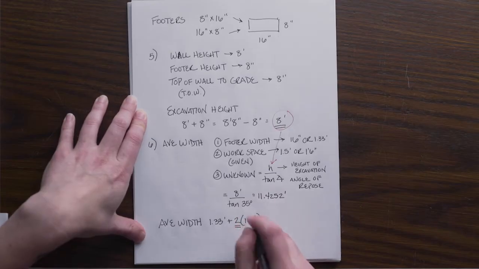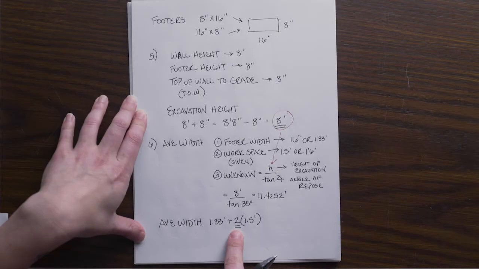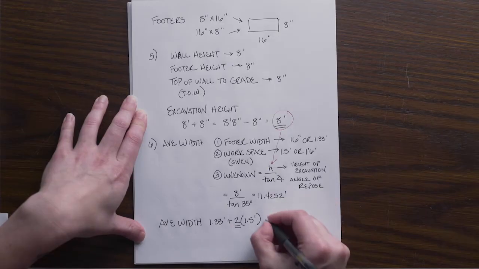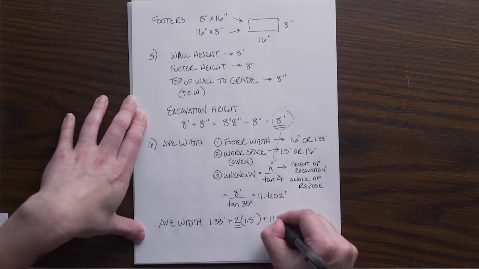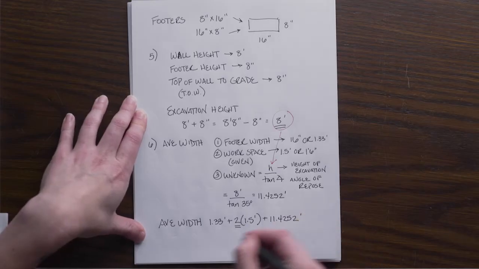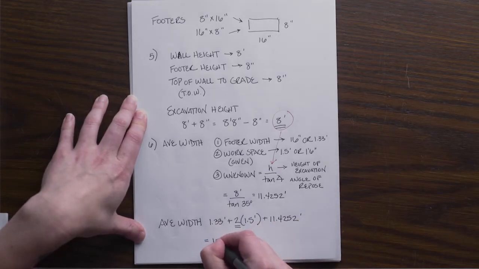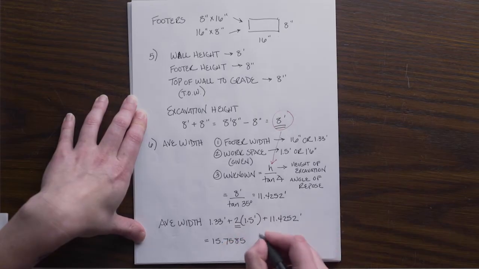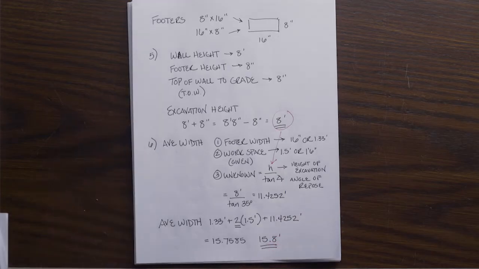We need 2. Each side of the footer has workspace, or each side of the foundation wall, so we need to make sure we multiply that by 2, plus 11.4252 feet. 15.7585, which I've rounded to 15.8 feet, is our average width.